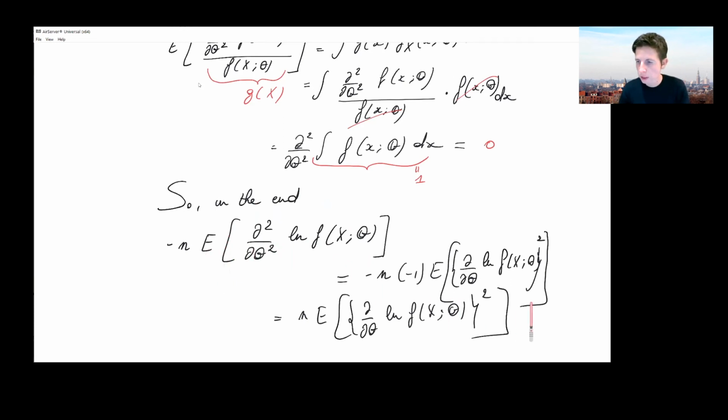And so the only part that is left is the part where I'm working with the expected value of the first order derivative of the log density squared, right? So this shows the equivalent expressions that we give for this Fisher information matrix.